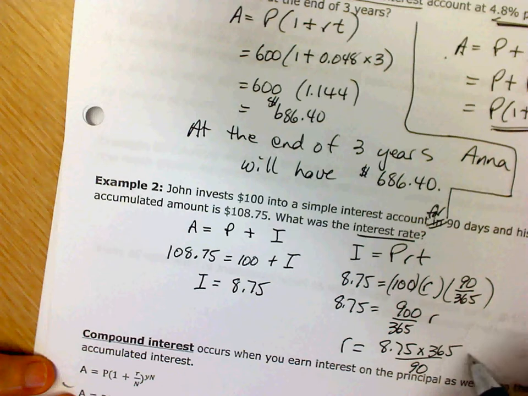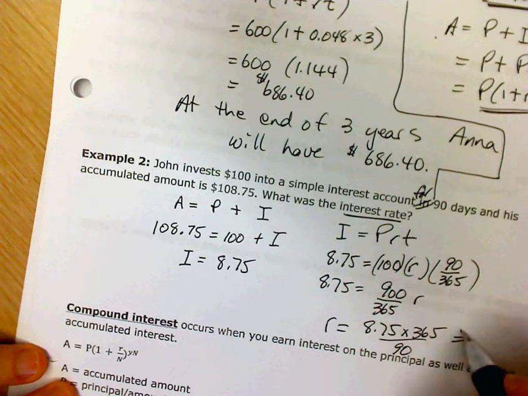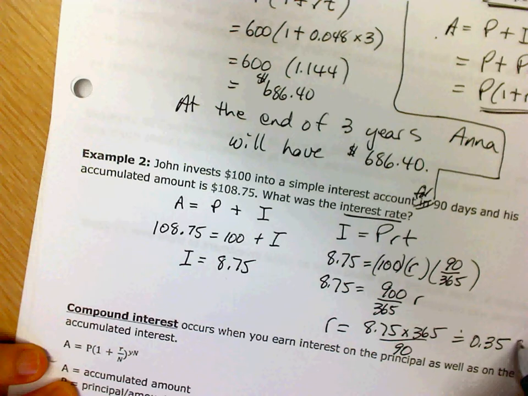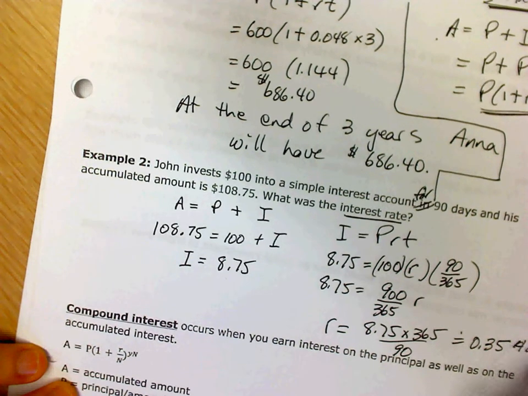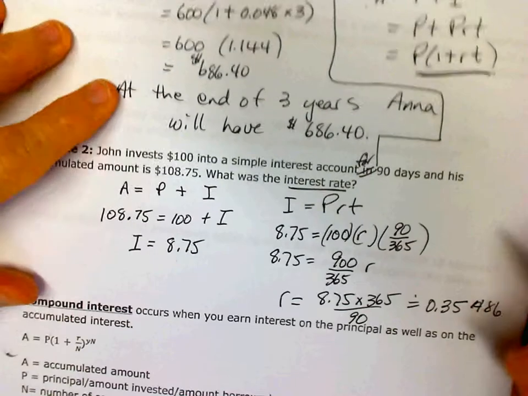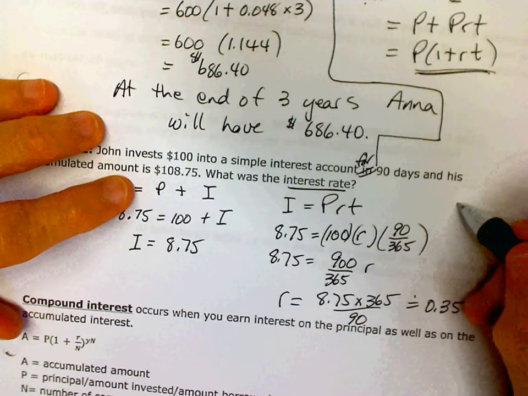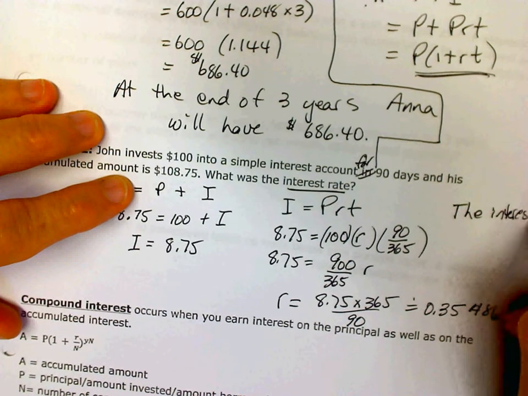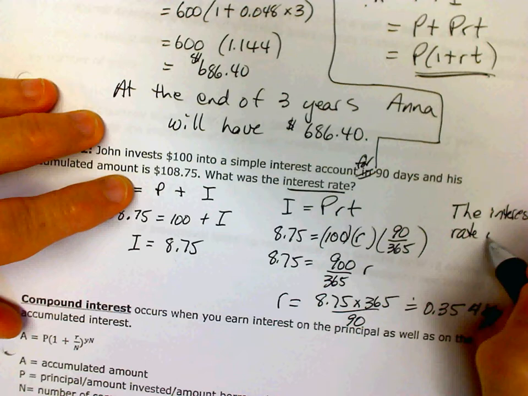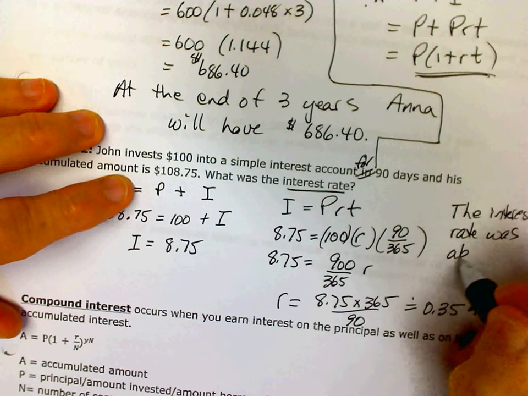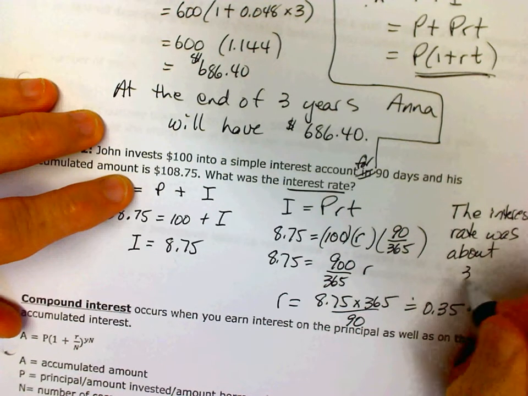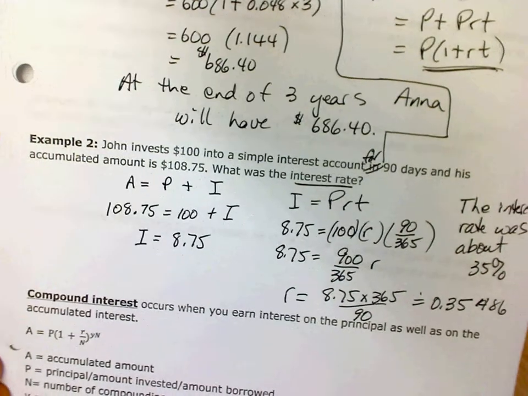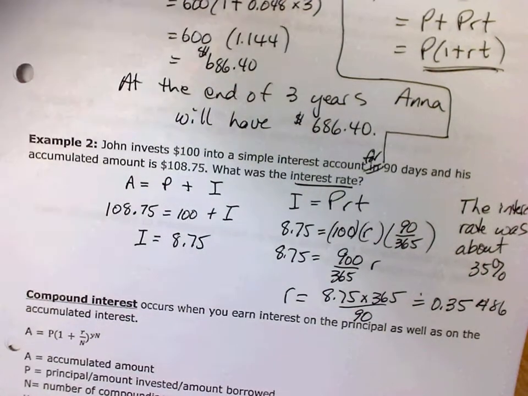And that is approximately 0.35486. So the interest rate was about 35%. Oh, I wish they paid that now, boy. But then we'd have horrendous inflation.